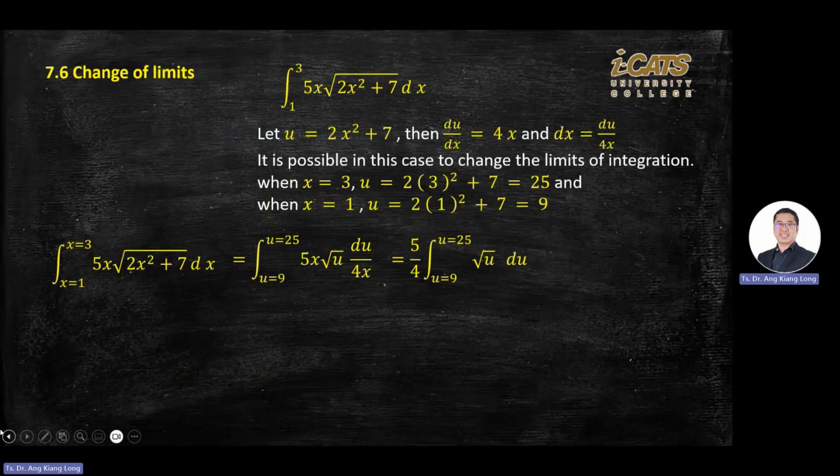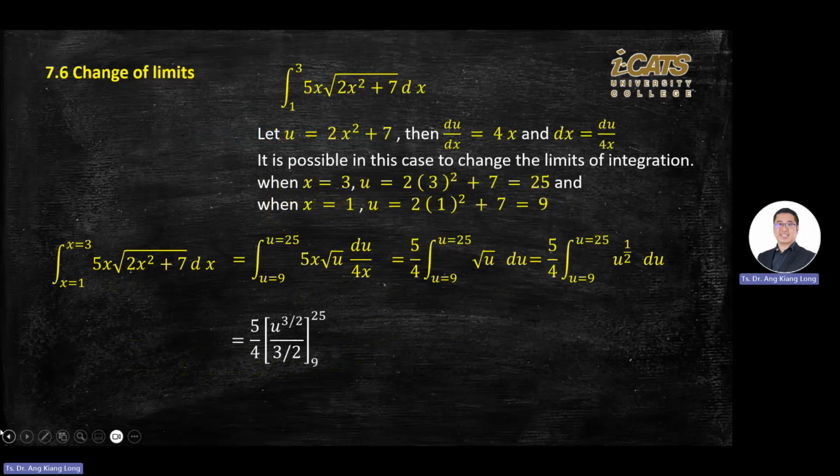Then the rest you just do normal integration. This one you convert into index form, u power half. It will become ax power n. Refer to the table in question 7 in your tutorial. You're in the form of ax power n, then do the rest. Then do substitution, so you convert into u power half.